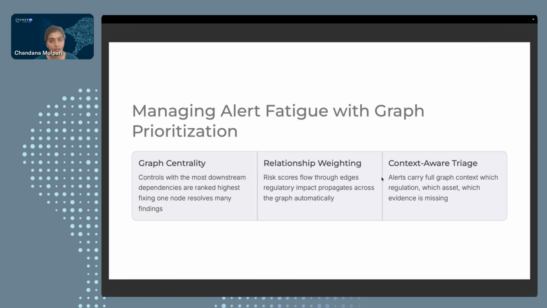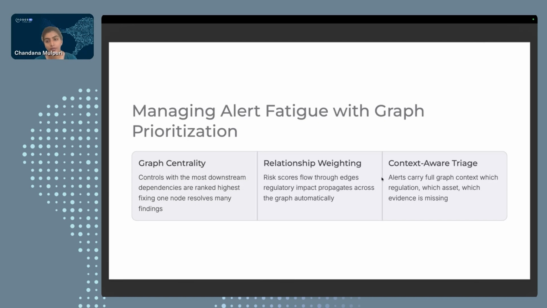So how we manage alert fatigue with graph prioritization is we enable graph centrality, where controls with the most downstream dependencies are ranked highest. Fixing one node resolves many of the findings. The second thing we did was establish relationship weighting, where risk scores follow edges, so regulatory impact propagates across the graph automatically.